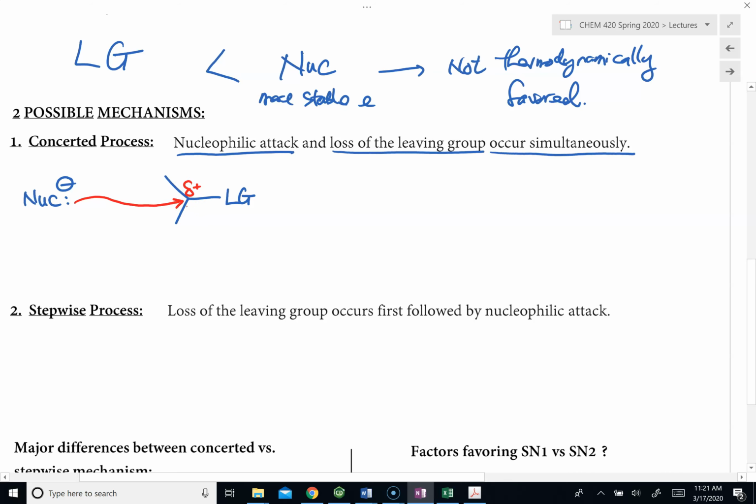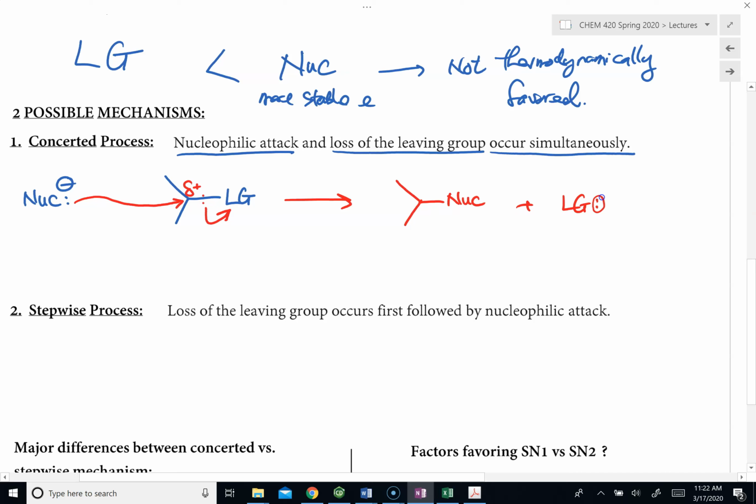Once this carbon is attacked by the nucleophile, it exceeds its octet. So therefore, it has to give this electron pair into the leaving group, and the leaving group therefore breaks off with the electrons. So in this case, the product that we will form is as follows. The nucleophile is now bonded to this carbon, and the leaving group breaks off, taking its electrons with it.